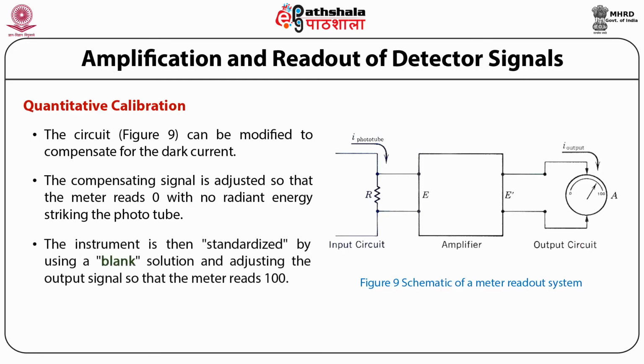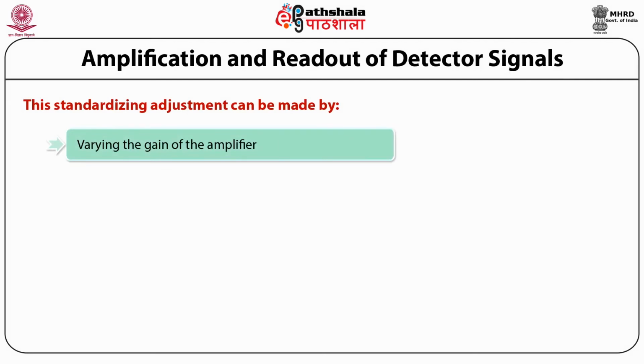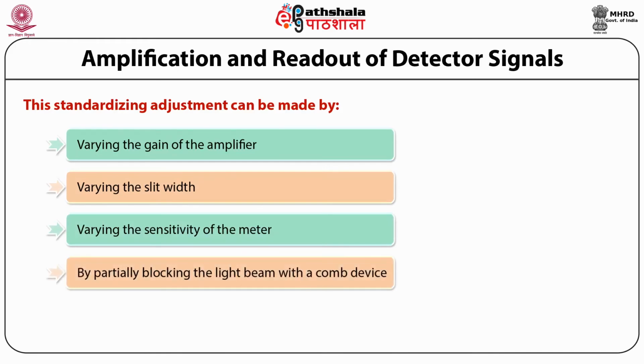The instrument is then standardized by using a blank solution and adjusting the output signal so that the meter reads 100. This standardizing adjustment can be made by varying the gain of the amplifier, varying the slit width, varying the sensitivity of the meter, or by partially blocking the light beam with a comb device.